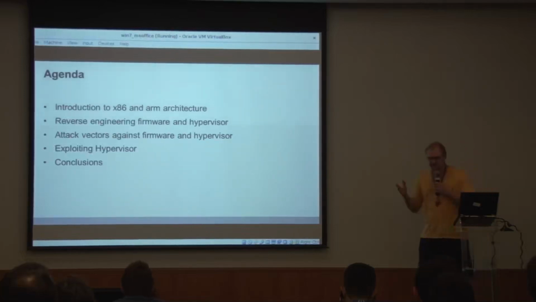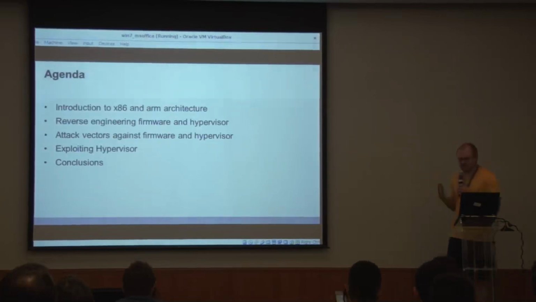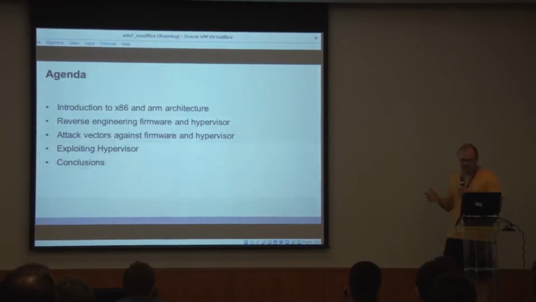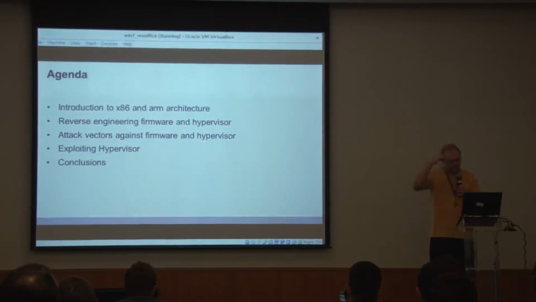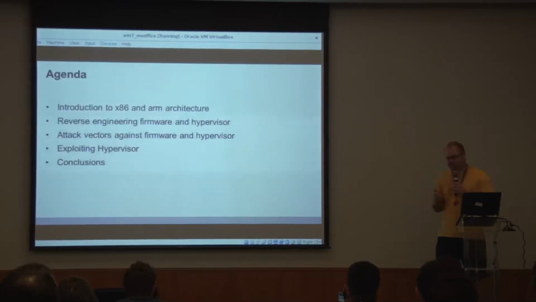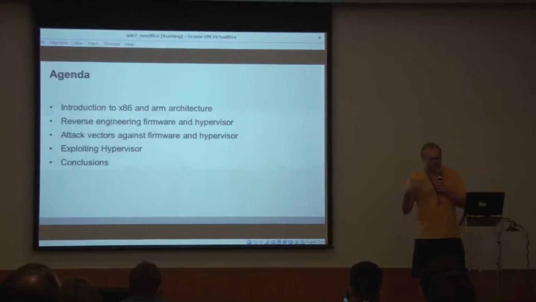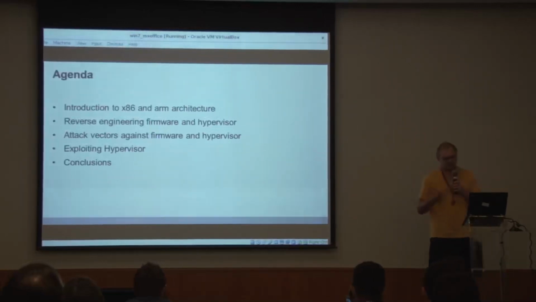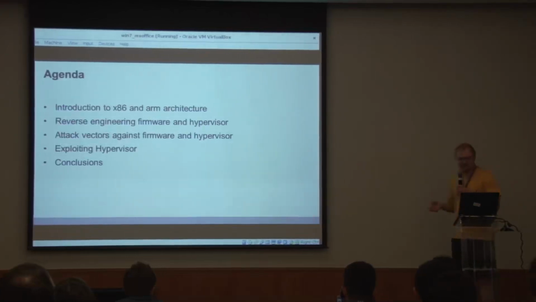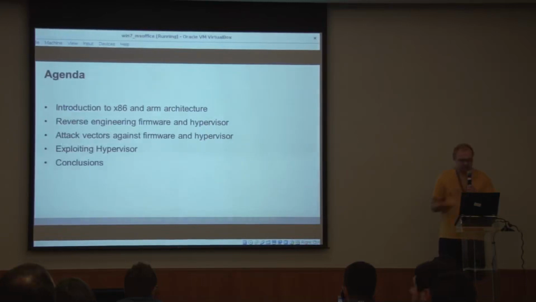Then I will go through some of the details about hardware configuration and how it's done in different platforms. Then it will be a bit about reverse engineering, and that part is specifically interesting because before we did that research on ARM, we didn't have experience with ARM at all. This will give you the idea how to start investigating a new system which you have never investigated previously, some new architecture: where to start, what kind of method to use, and so on.